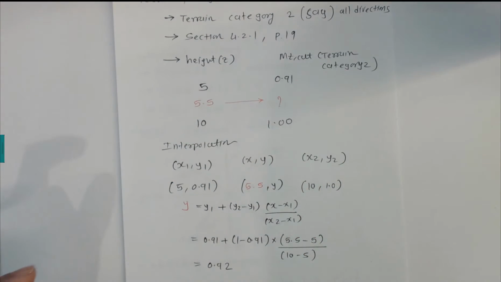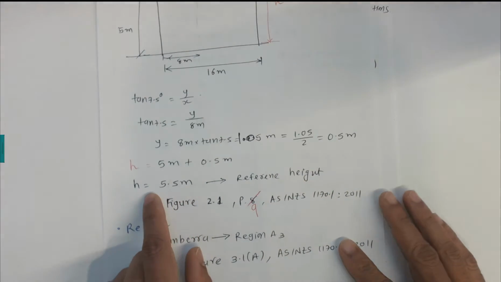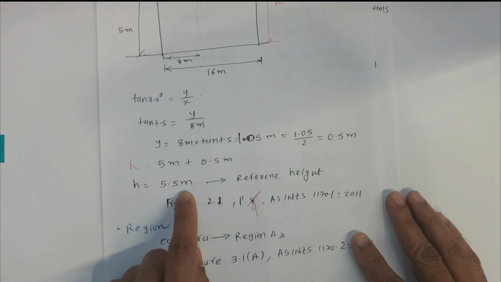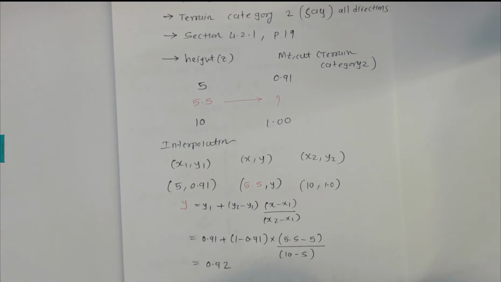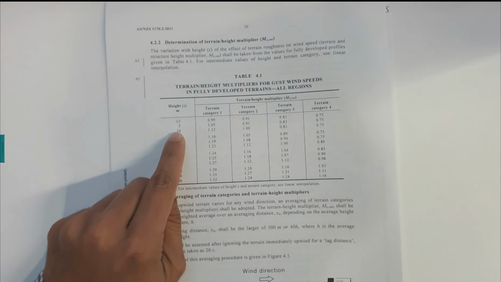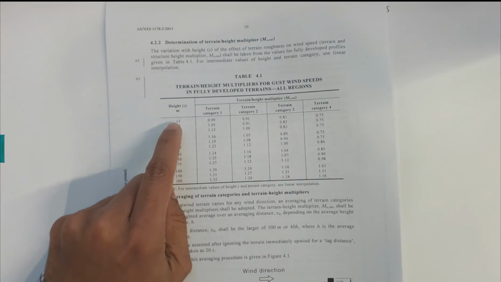We just found it. The height of the building is 5.5 meters. So based on that height, we need to find the MZ value. Here we have the values for 5 meters and 10 meters. We don't have 5.5, so we need to interpolate between 5 and 10.